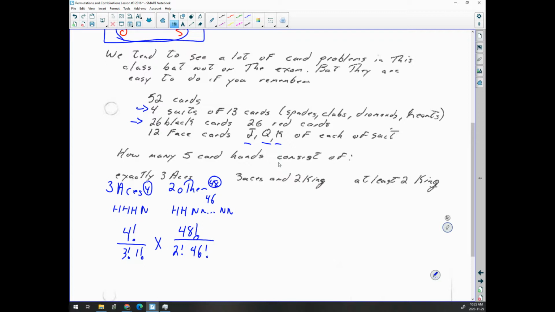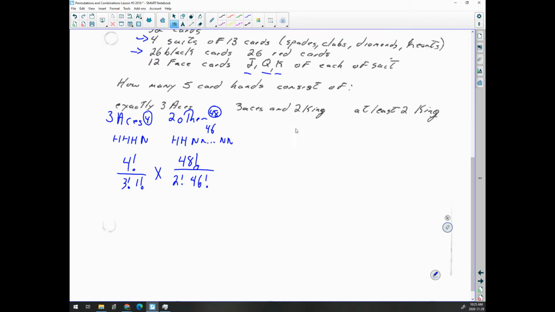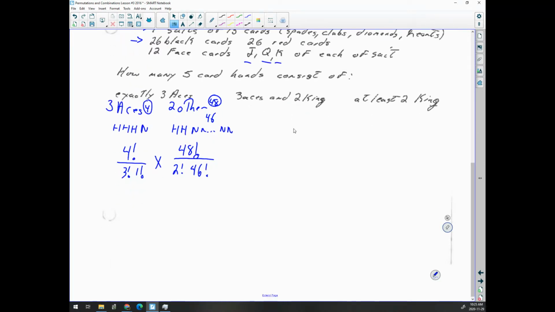So again, we're breaking this up. Before we get to the math, we have to worry about the problems. We have 3 aces and 2 kings. Well, we need 3 aces from the 4 that are in the deck. We need 2 kings from the 4 kings that are in the deck.